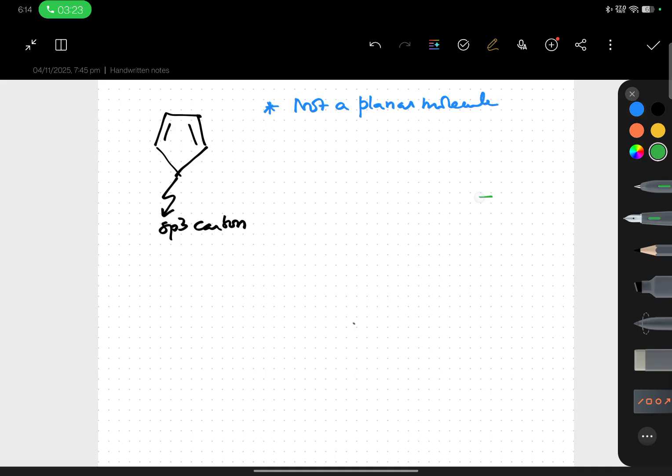What about the second rule? In your book they have said it has a planar structure, but sorry, it will not have a planar structure. I don't know why they have given it. Cyclopentadiene will not be planar because an sp3 carbon will always have what shape? Tetrahedral shape.